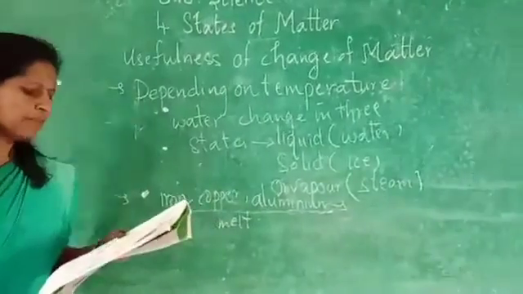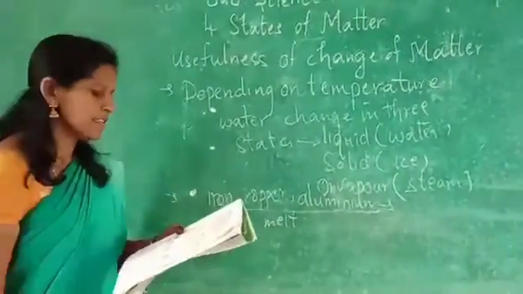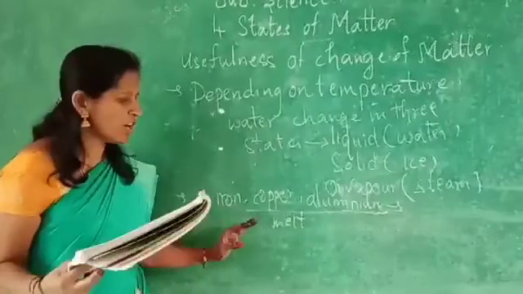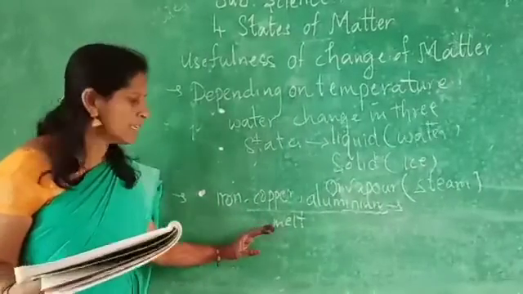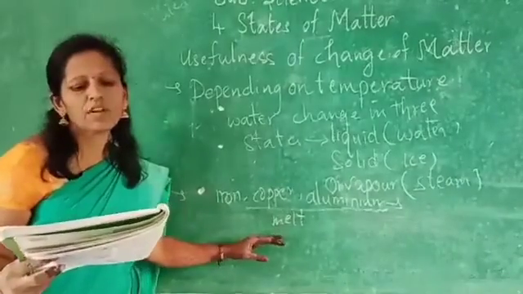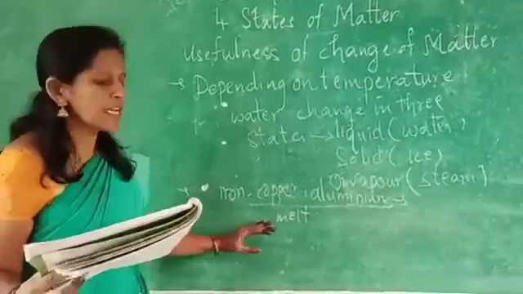So they can be shaped into different things such as utensils and wires. If we can melt, we can change the shapes also. In different shapes we can do it.